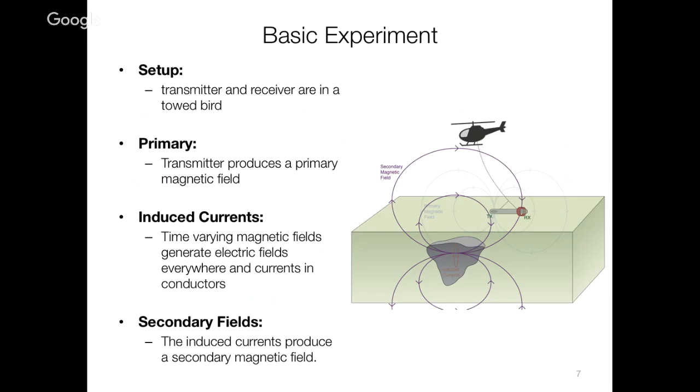And those currents then give rise to their own magnetic fields, and they can be measured at the receiver. That's basically it. A transmitter puts out a time-varying magnetic field that generates currents in conductors, which produce magnetic fields that can be measured.